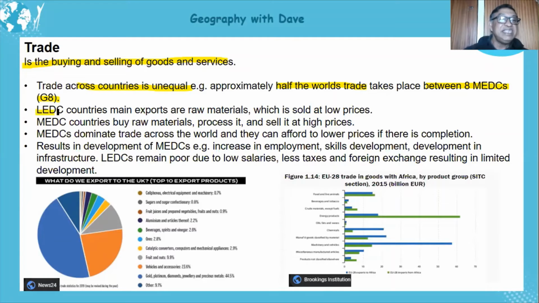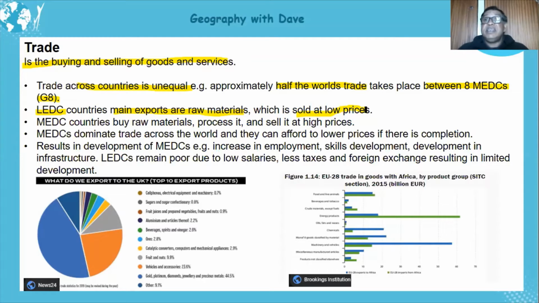The LEDCs, the less economically developed countries, mainly export raw materials, which are sold at low prices. Not that they don't export or sell processed goods, but it's far less. So imagine you're selling your raw materials at a lower price, while if you process more, you sell at a high price.